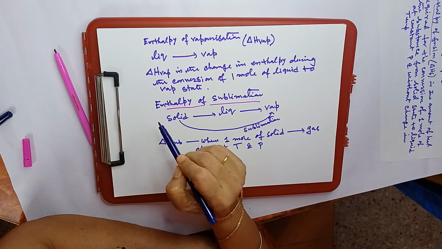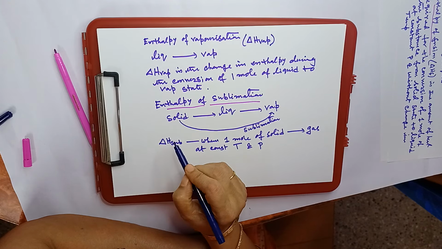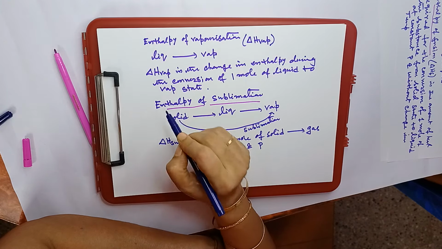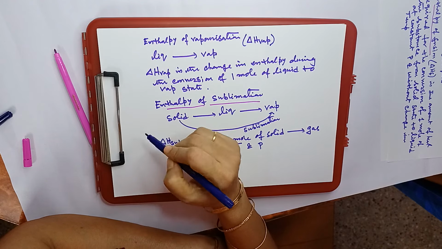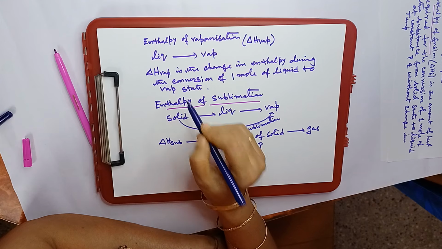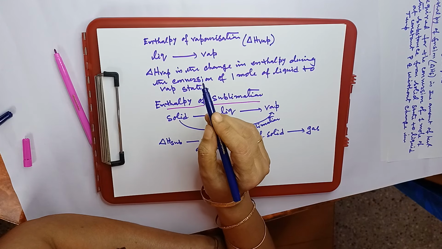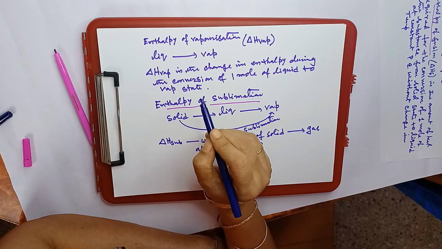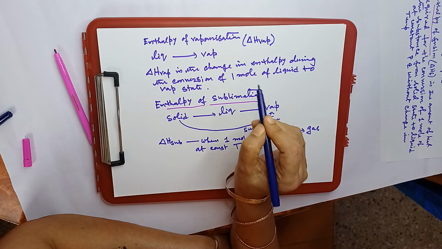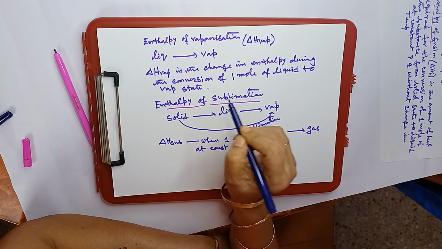Because the energy supplied, that heat supplied, is not increasing the thermal energy, not increasing the temperature. It is completely utilized for the work. What work? To break the strong intermolecular force. Intermolecular forces between liquid molecules are much greater than gas. Gas means molecules will be far apart.